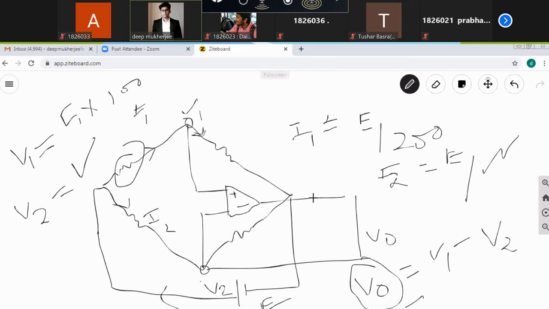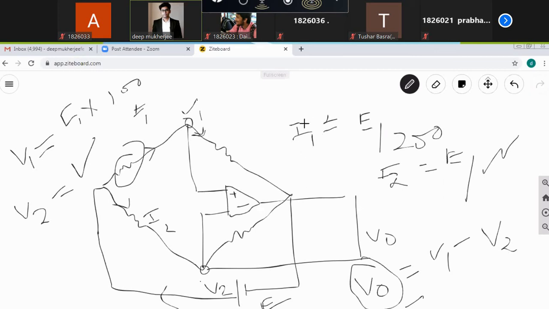V1 means I1 into 100, and I1 means E by 200. So you just replace the value to calculate E. V1 minus V2: V1 is I1 into 100, and V2 is I2 into RRTD.